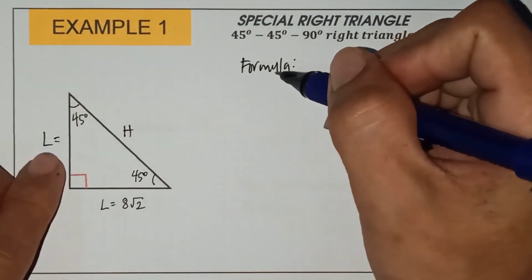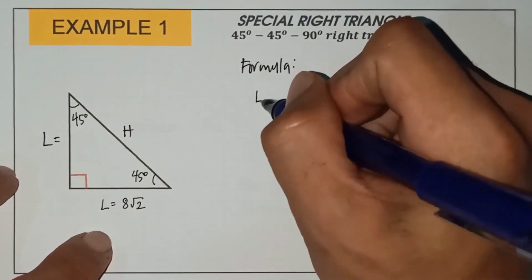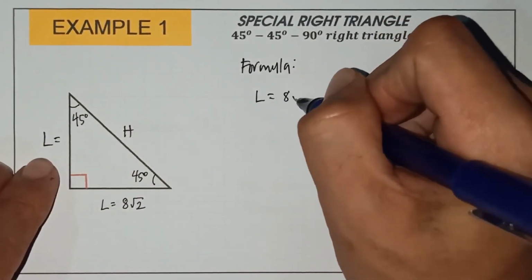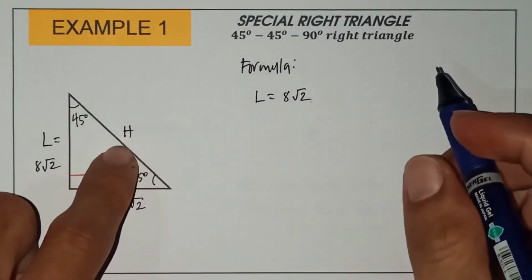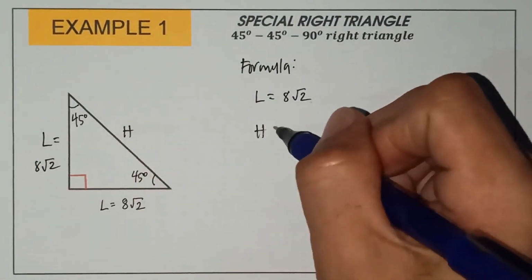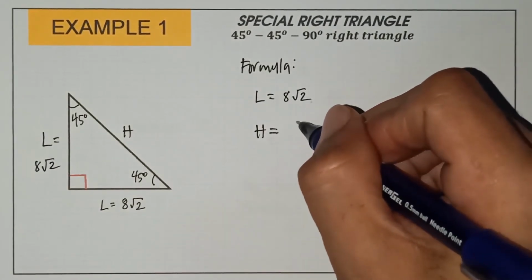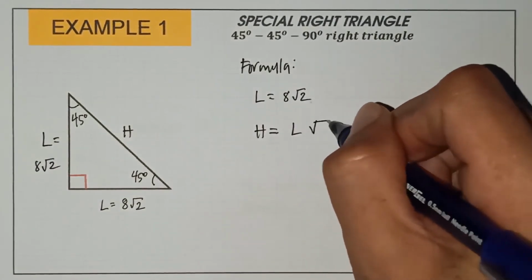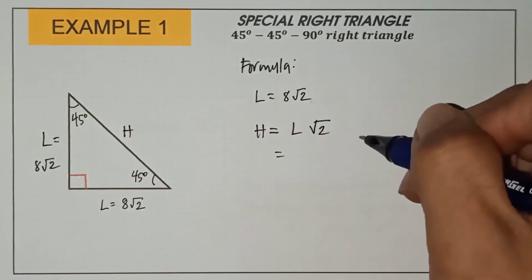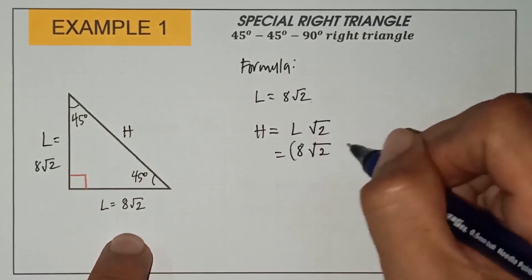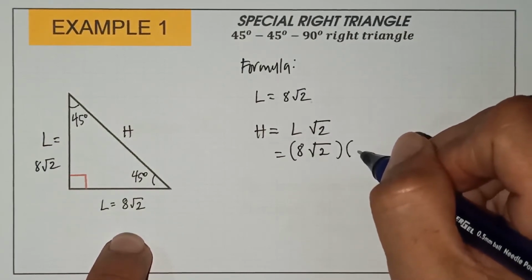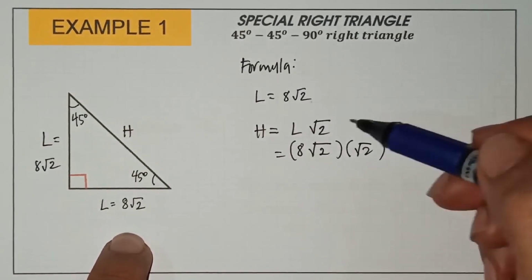It's obvious that the two legs are equal, so definitely the leg here is 8 square root of 2. And the hypotenuse is the leg times square root of 2. So the result here is 8 square root of 2 times square root of 2 based on the formula.